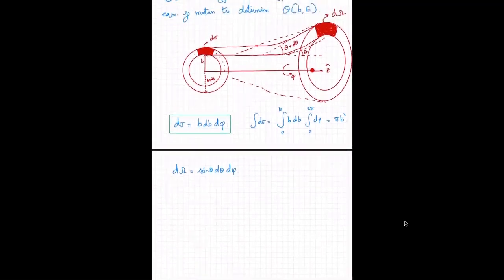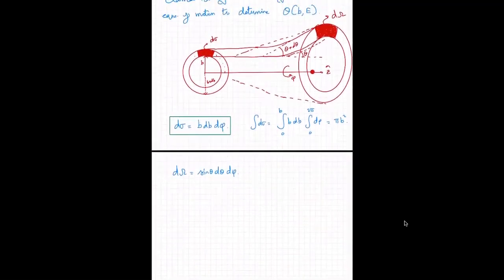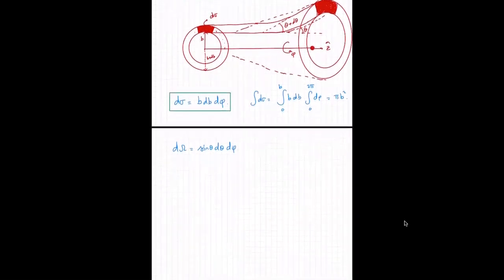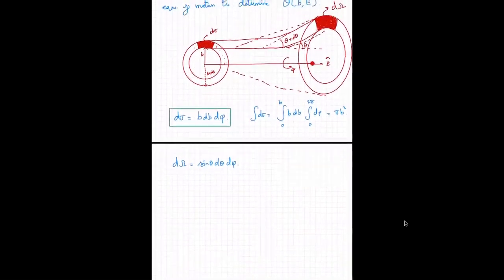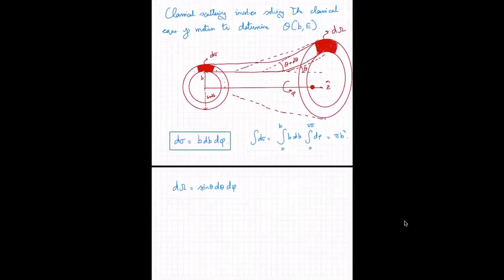Now, why is the ring growing? The ring is growing because there is non-zero scattering, so there is a non-zero theta involved. But if you look at these two equations, I have taken the azimuthal angle subtended by this d omega to be the same d phi as the original d phi. If the potential were not azimuthally symmetric, then this d phi would be different from that d phi.